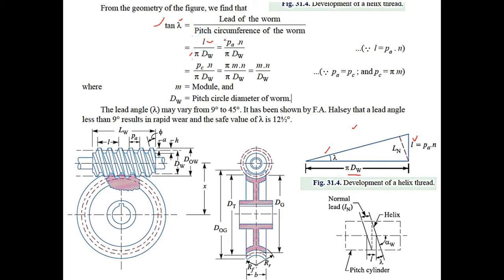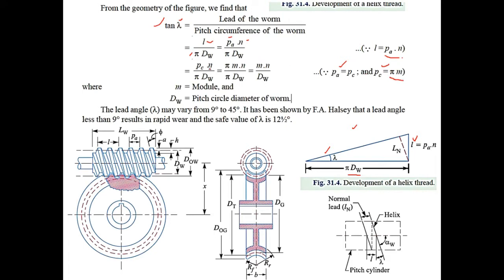But L is equal to PA into N. N is the number of starts. We have already covered that in the last slide. So for a single start we may also equate. If the axes are at right angle, then we simply say PA is equal to PC, and PC we have already calculated is equal to pi into module m.